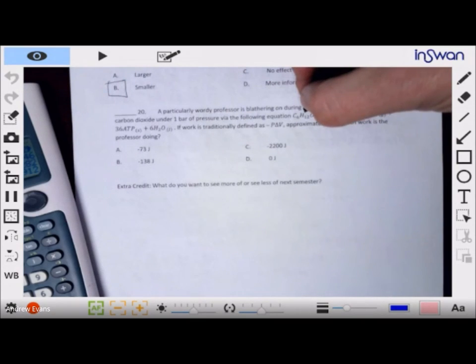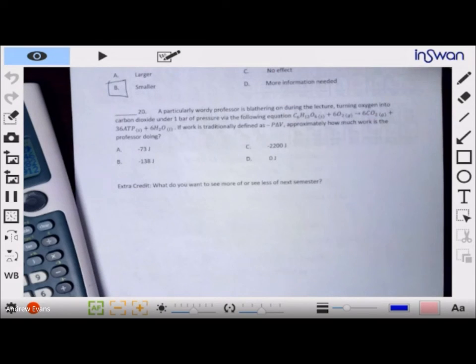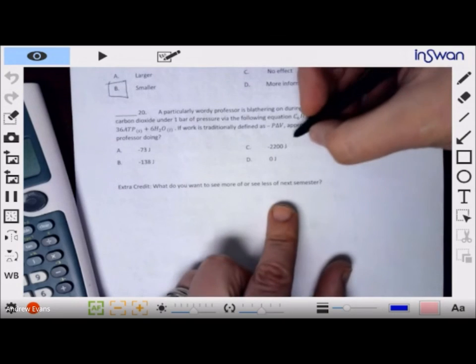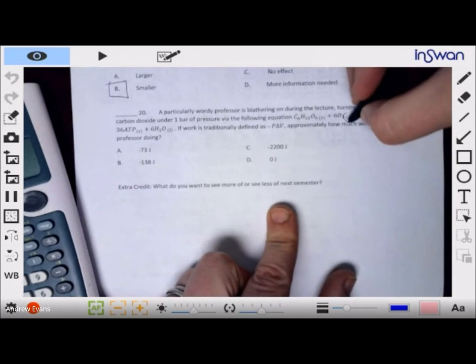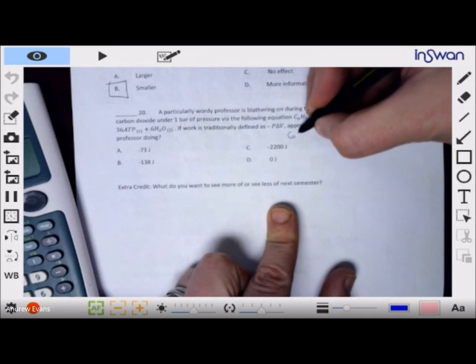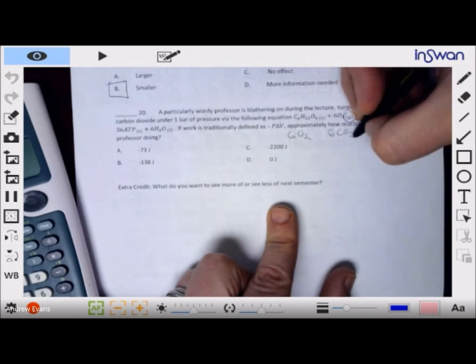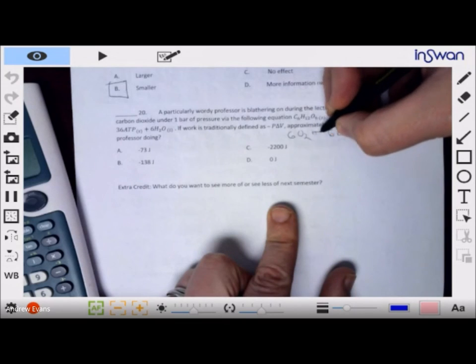I threw up impossible numbers that there's no way for you to find otherwise. Those are just numbers I made up, and yet I still tricked so many of you. The idea here is that we only look at the gases. The expansion of gas is doing work. We have 6 oxygens on the left. We have 6 CO2 on the right. Which side has more gas?